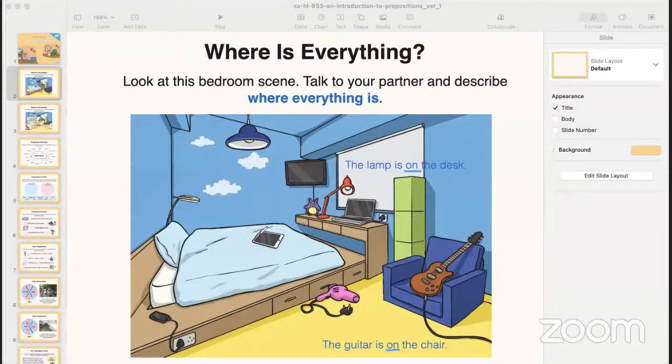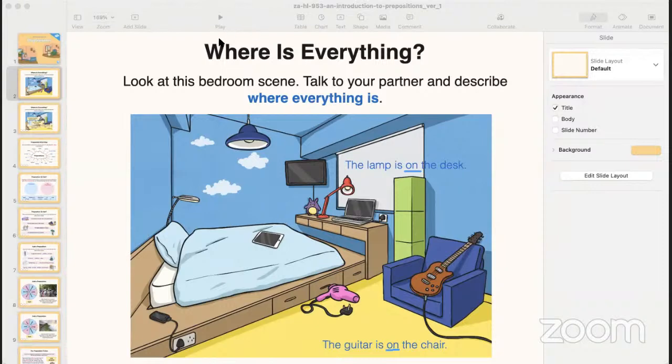That's not correct. So the tablet is on the bed. And the same with the phone. The phone is on the bed. So it won't be the phone is in the bed. The phone is on the bed. So you need to understand the difference between how you should use in and on in a sentence.